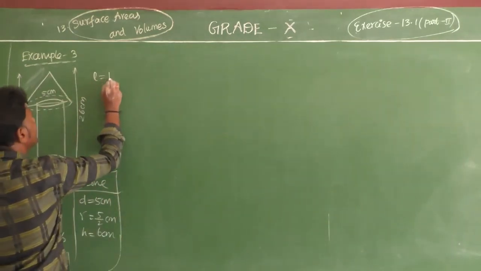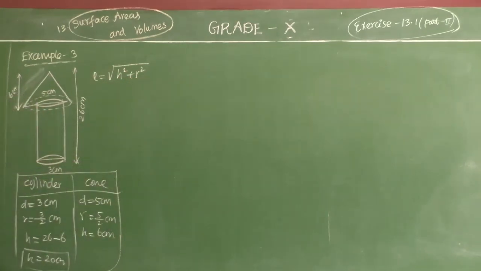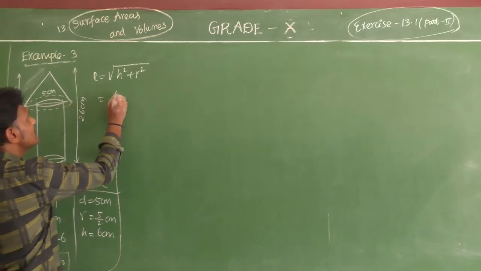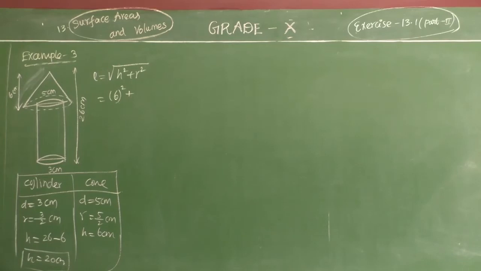Yes. Now slant height is equal to square root of h square plus r square. Now you have the height, that is 6 centimeter. Now 6 the whole square plus the radius, 5 by 2, otherwise 2.5.